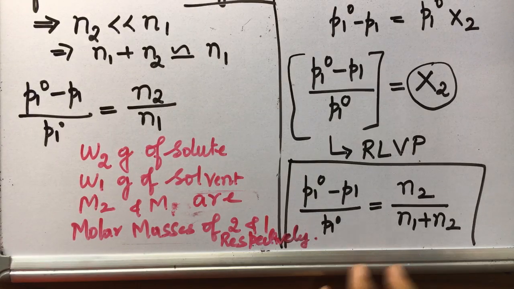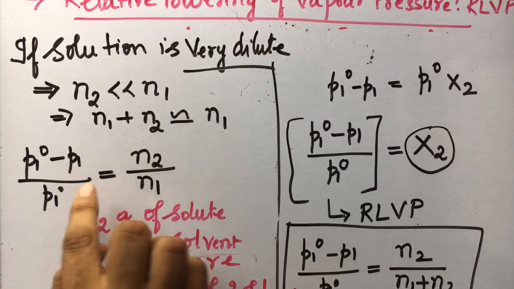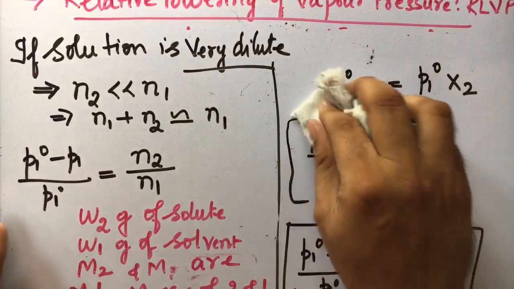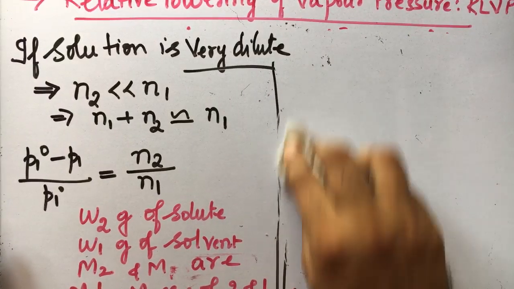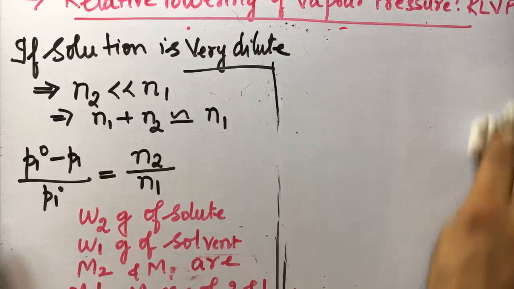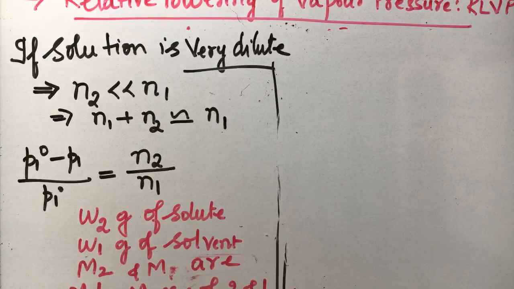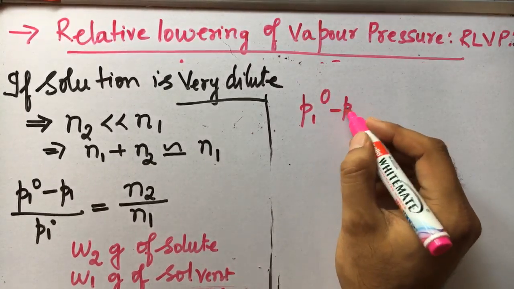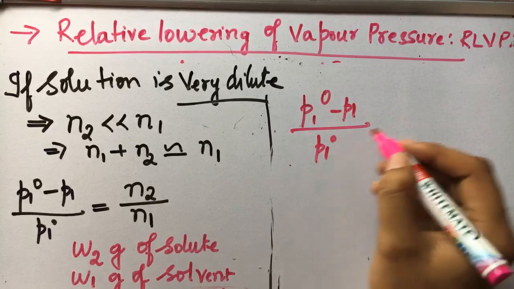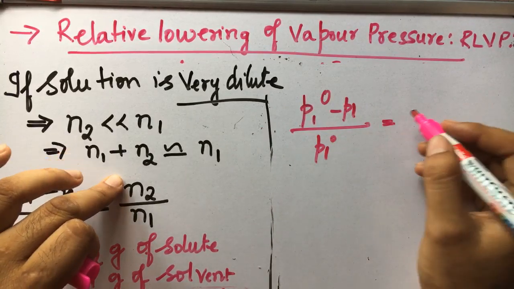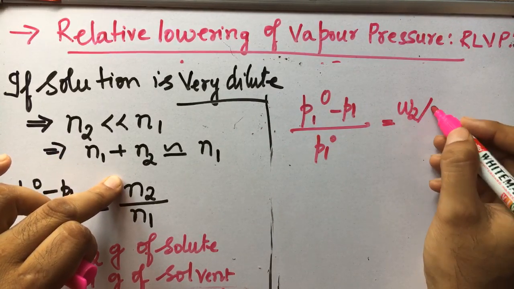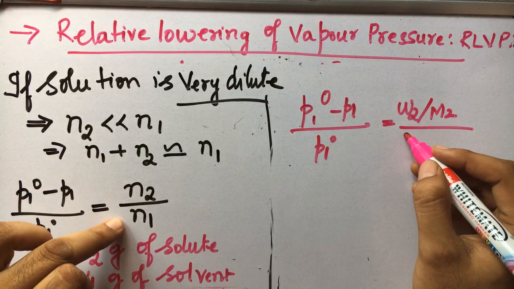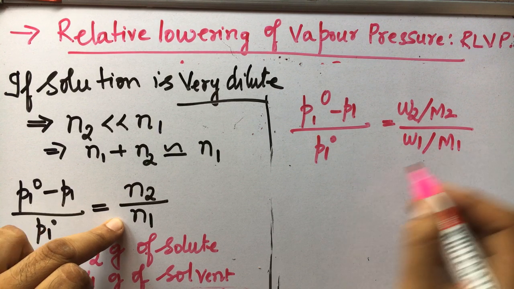Now we can alter the equation we have written, (P1 naught minus P1) by P1 naught. Number of moles can be represented in terms of mass, so we can write the equation as (P1 naught minus P1) divided by P1 naught equals number of moles of component 2, which is W2 divided by M2, divided by N1, which is nothing but W1 divided by M1.